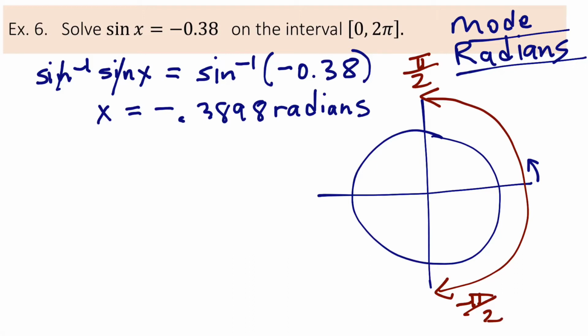So x equals negative 0.3898 radians puts us down here, in the negative direction.